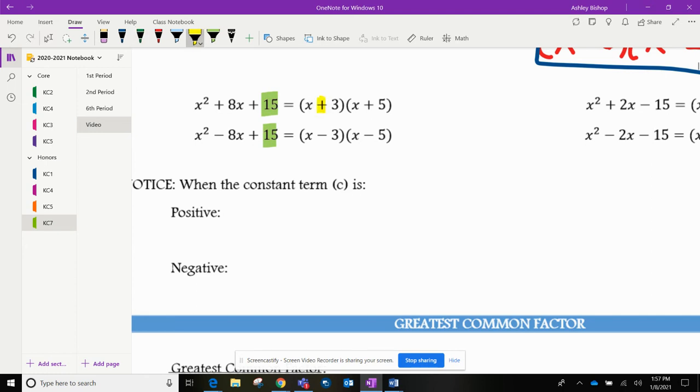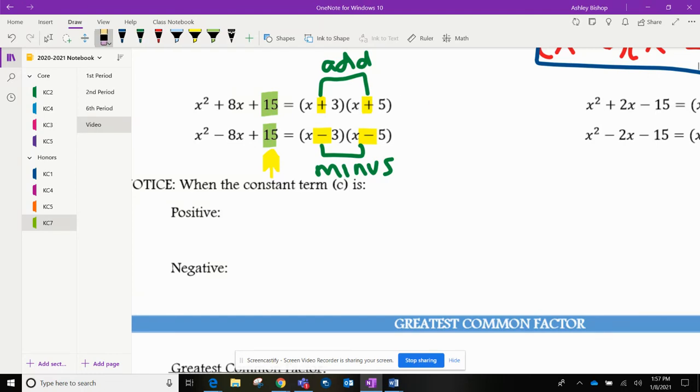In x plus 3 and x plus 5, both are addition. And over here, I have a positive 15 and x minus 3 and x minus 5, so those are the same too.